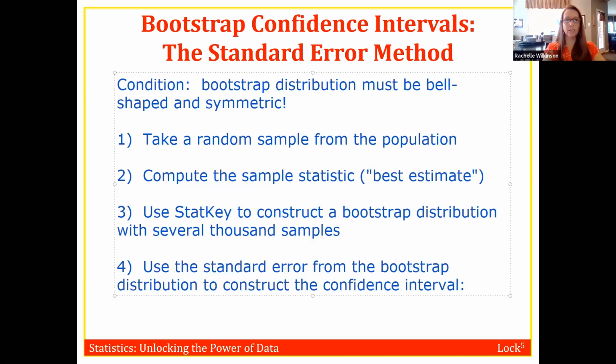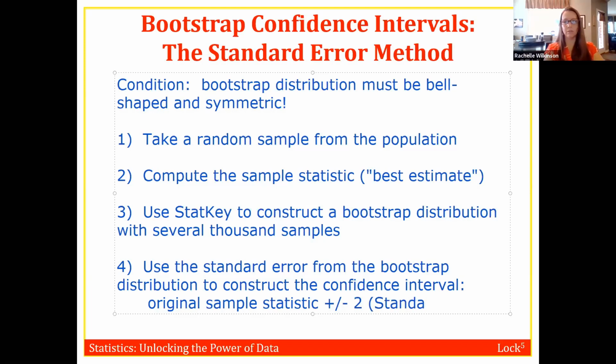And we're going to construct that confidence interval pretty much the same way we were doing it in section 3.2, where we're going to take our sample statistic, and I'm going to put original here, just to remind us that we want to use the value that was originally calculated in step 2. So my original sample statistic plus and minus 2 times the standard error.